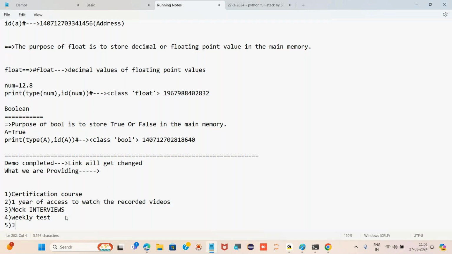Also, we are going to provide you the job assistants.